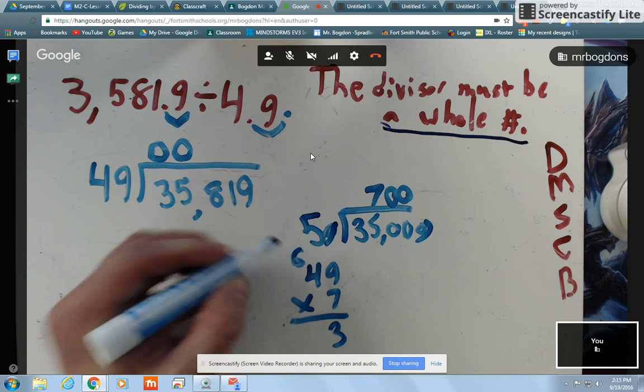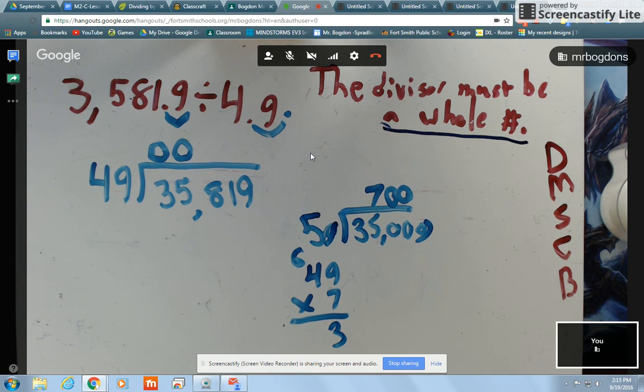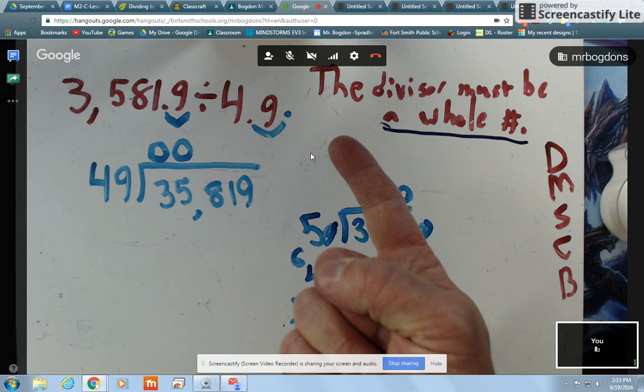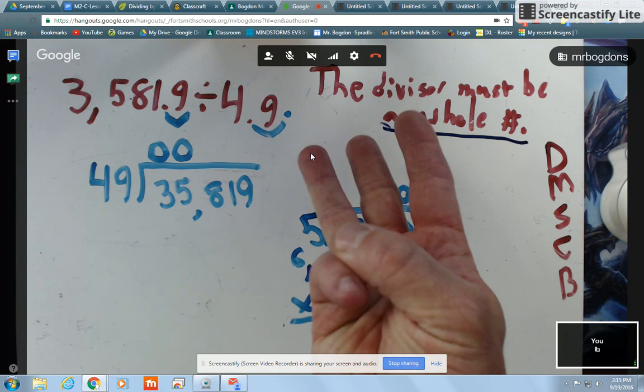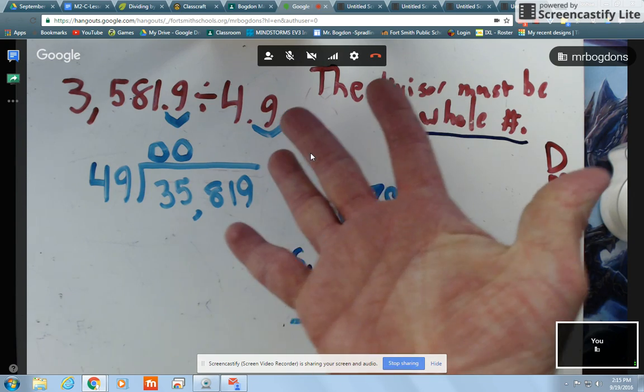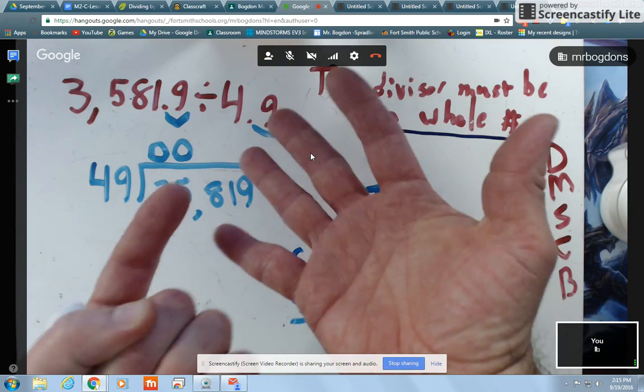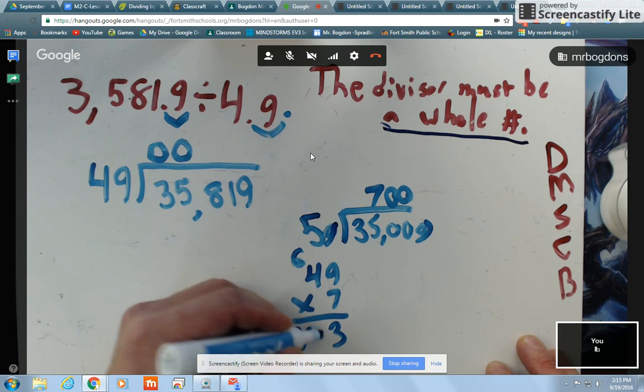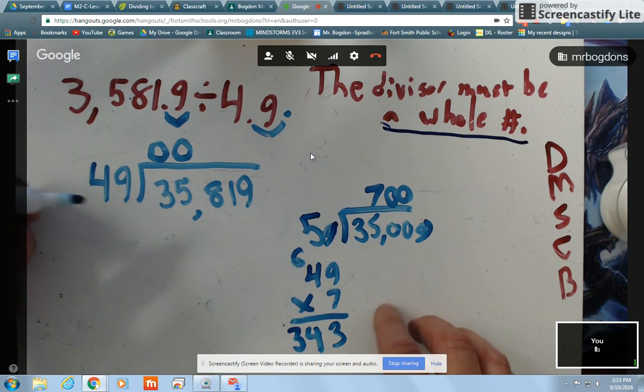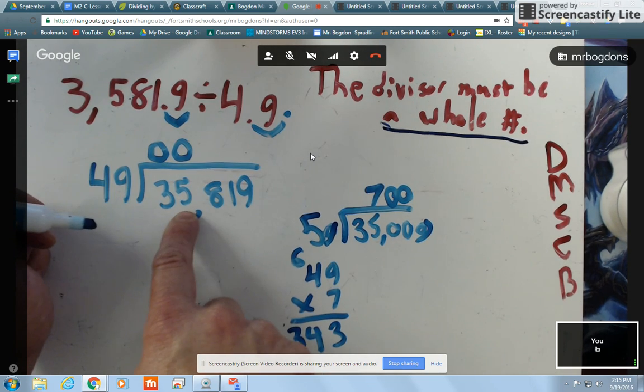Regroup my 6 here. 7 times 4? 28. 28 plus 6? 34. I had a discrepancy, so let's everyone say 28, 28. Then add 6. Okay, so that looks like it's going to be smaller than that. So I'm good to go.